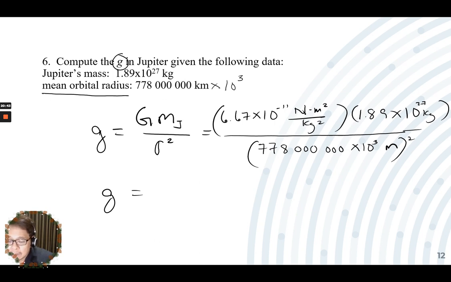This will give us 2.08. It's very small.